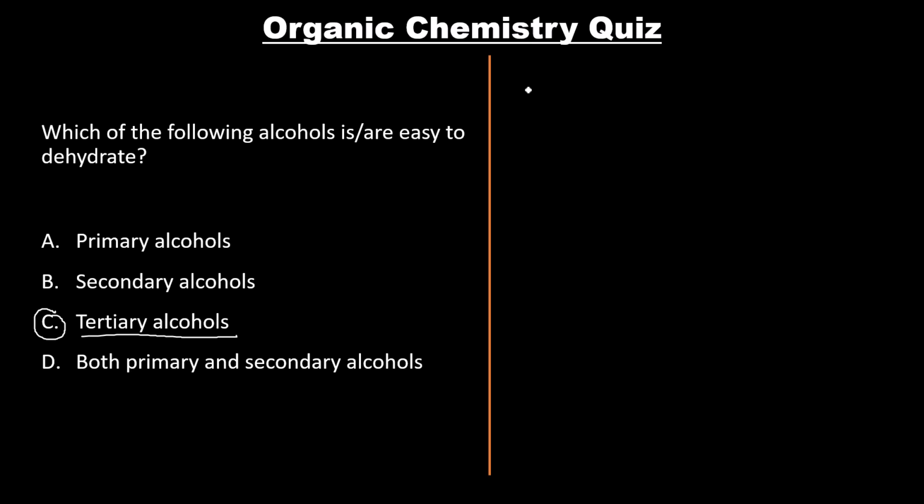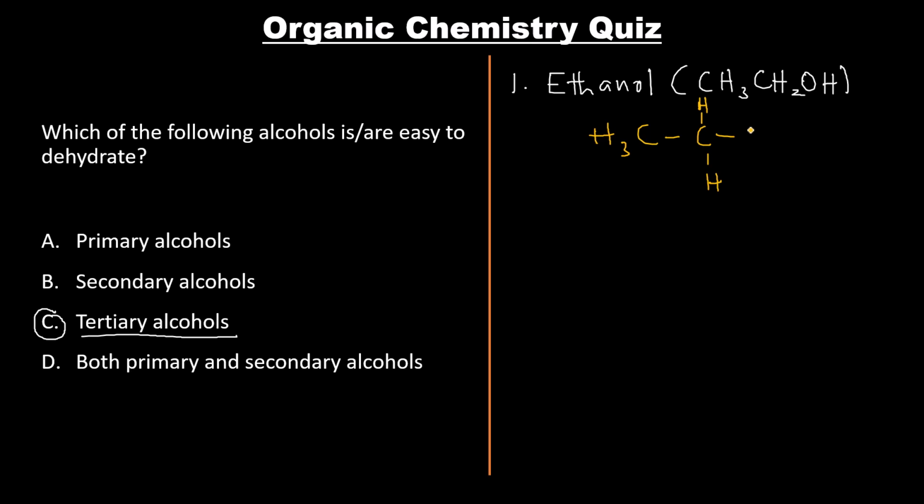So for the very first one, which is primary alcohol, we will choose ethanol. Ethanol is a primary alcohol. So this is ethanol, and it's a primary alcohol because if you look at this particular carbon, this carbon is attached to the OH group. That makes it an alcohol.